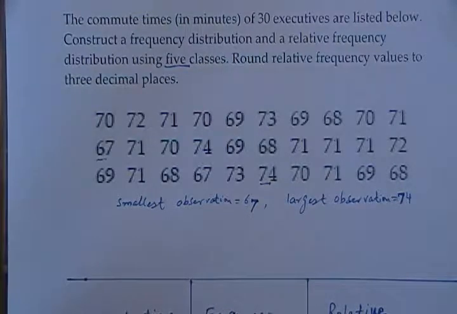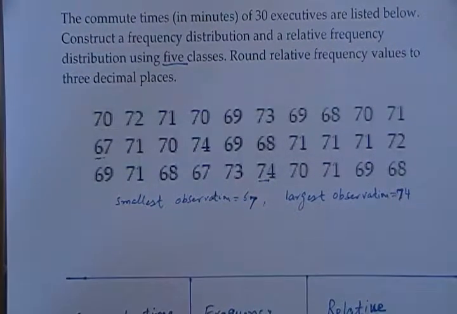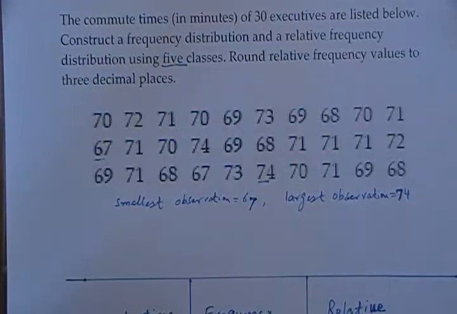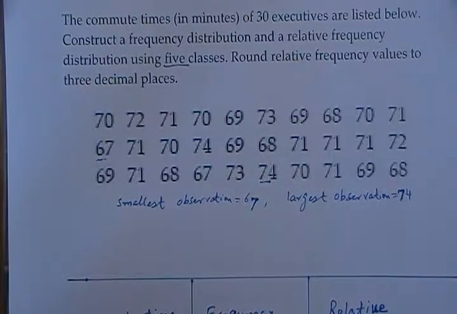Once you determine this, or if it's given like in this problem, the next thing is to find the class width. Even before that, you have to think of where you want to start. Usually we start around the smallest observation, or if that smallest observation is not a nice number, you can pick any nice number lower than the smallest observation.